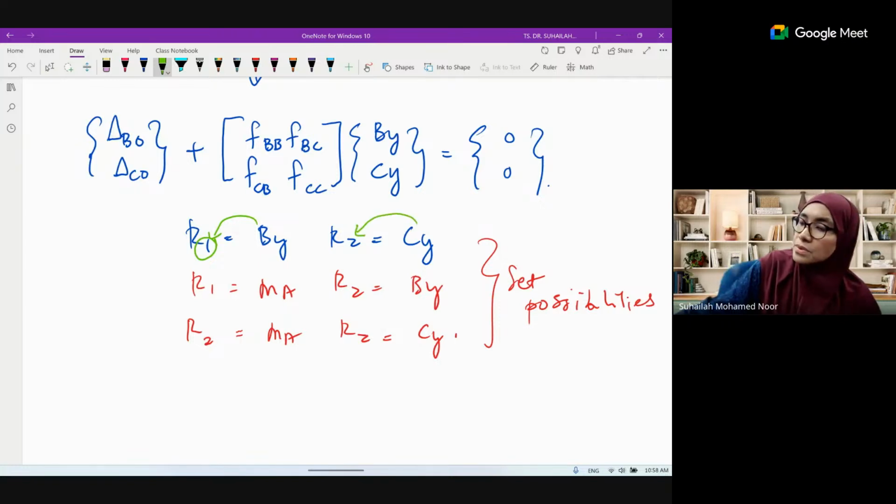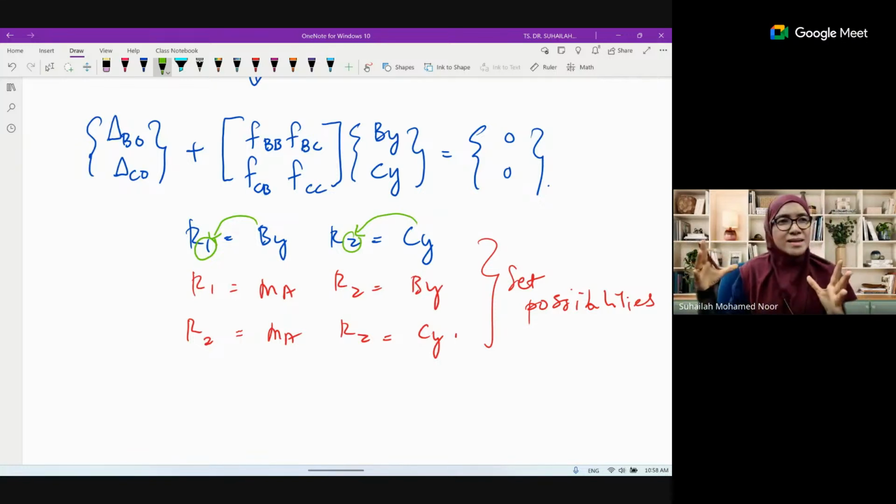In the equation above, wherever there is B, we now change it to number 1, and C to number 2, so that we have one standard format that can be applied to all problems, all questions, because the redundants will change. Sometimes maybe A and C, sometimes maybe C and D. So of course we will have one standard format.